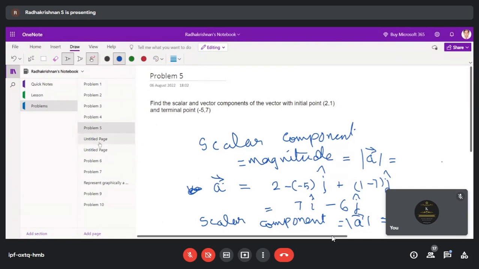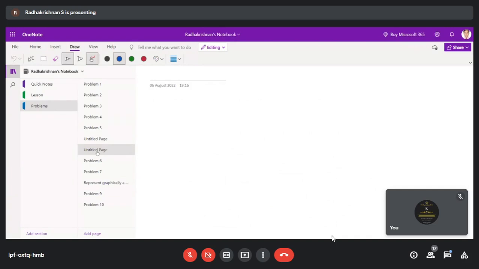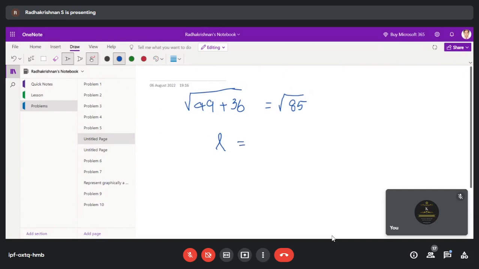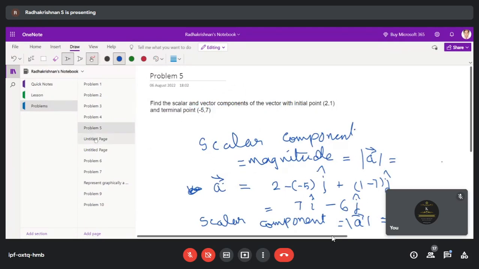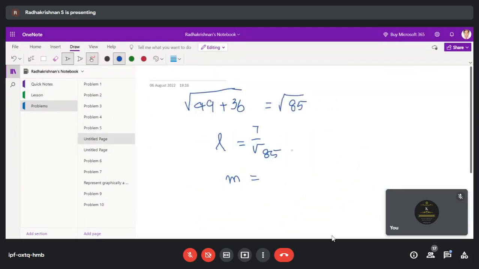We saw L, M and N. So here, L equals 7 by root 85, and M equals minus 6 by root 85. These represent the directions.